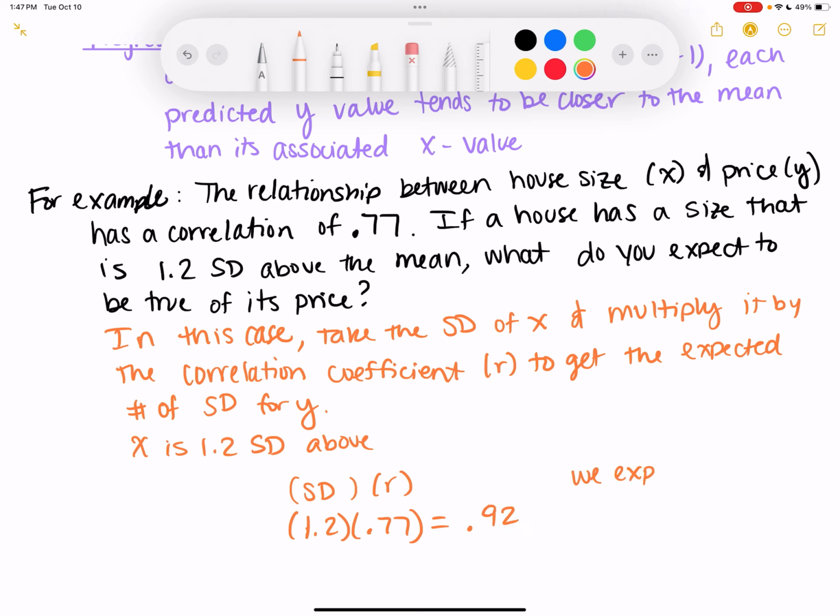So we expect Y to be 0.92 standard deviations above its mean. One page down.